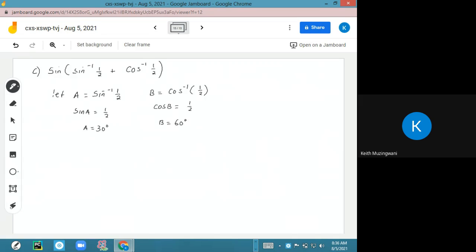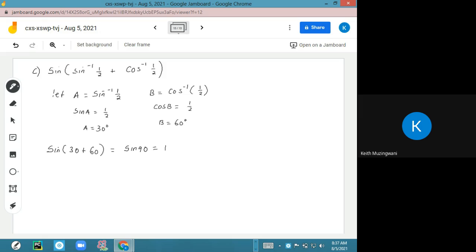Don't say because I have half, so I have 30. No. Then go back to the question. It will now be the same as sine of A plus B. You know A is 30, so you say sine 30 plus 60. If you add these, you get sine 90, and sine 90 is just 1.